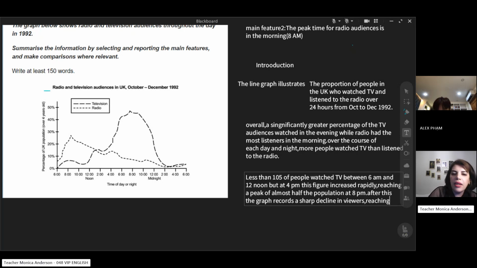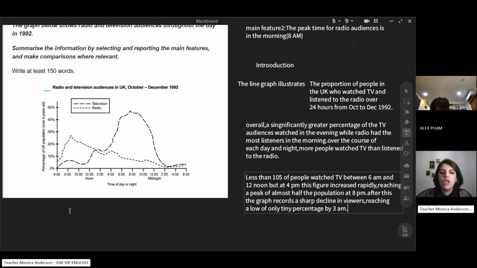Reaching a low of only a small percent, a little one. So I can say a tiny percentage by 3 a.m. My first paragraph is done.